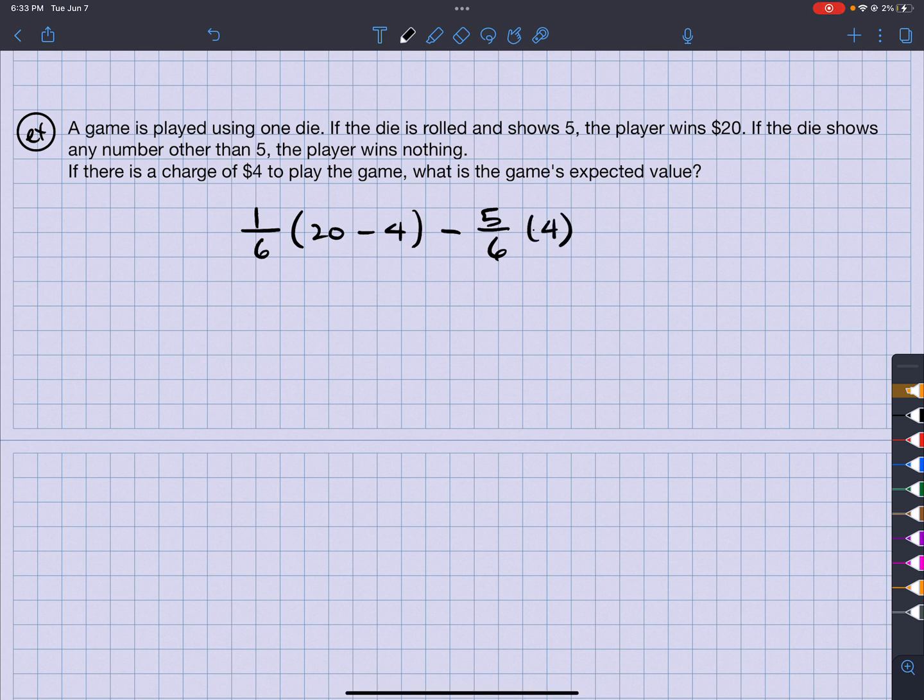Okay? And if I plug this into the calculator, I'm going to have an expected value of negative 0.67 cents.